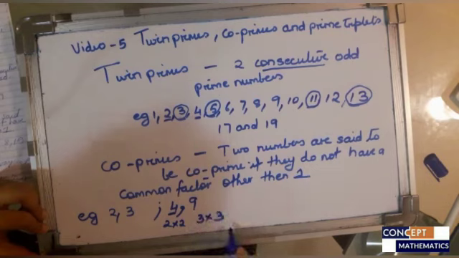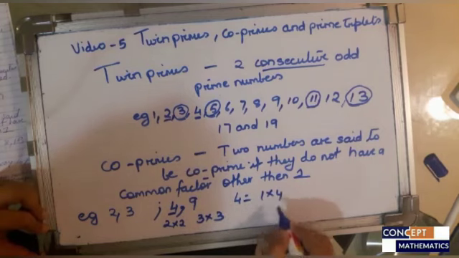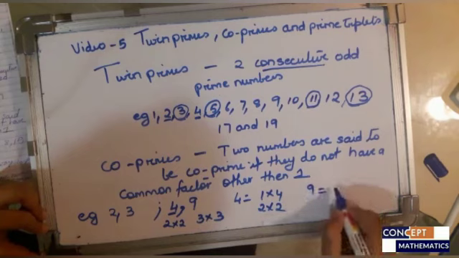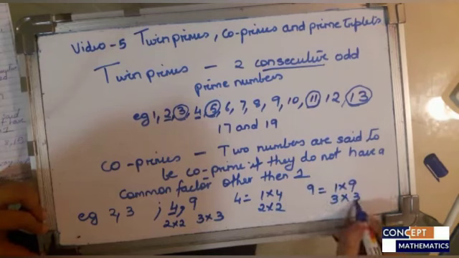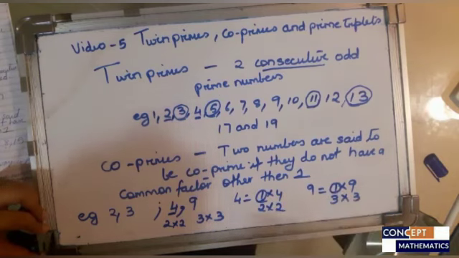So there is nothing common in them except 1, because 4 can be written as 1 into 4 and 2 into 2, whereas 9 can be written as 1 into 9 and 3 into 3. Which factor is common in both of them? Only 1. So therefore 4 and 9 are co-prime.